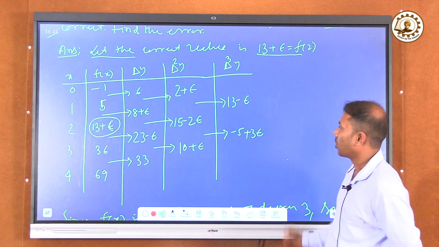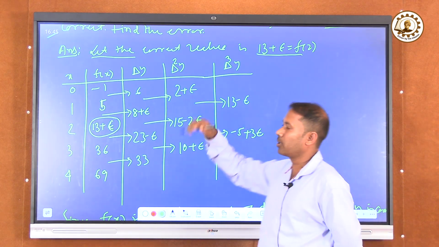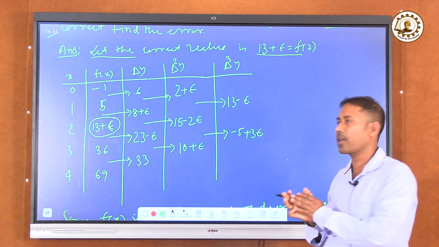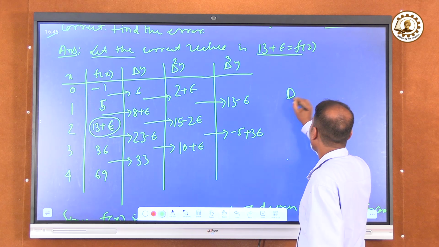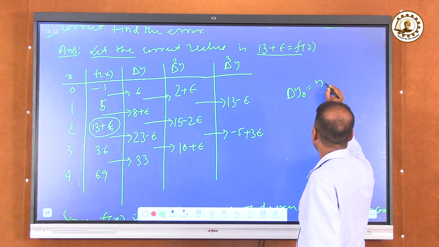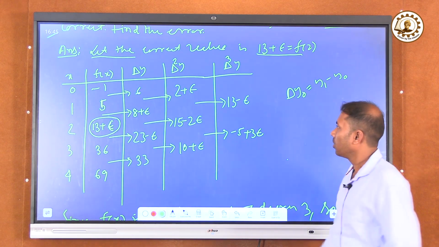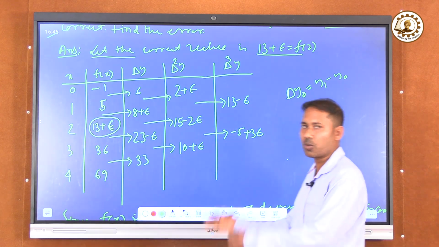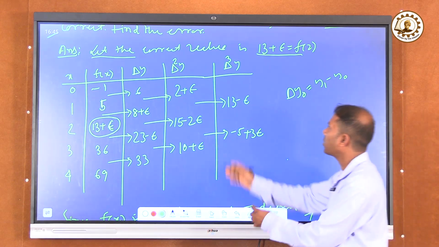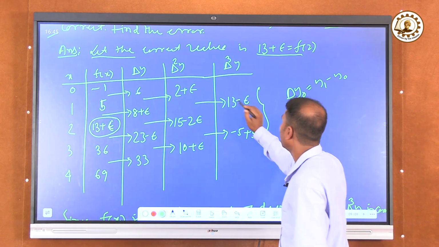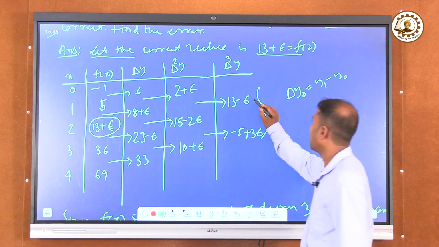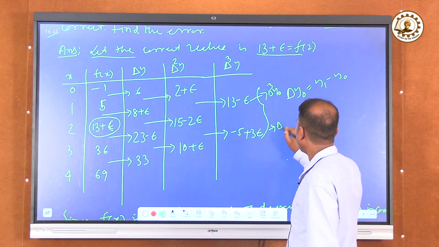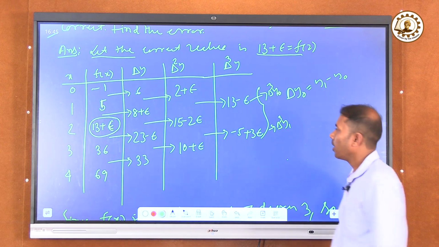I think all of you know that delta fx means f of x plus h minus fx, or in another way, delta y0 means y1 minus y0. Doing it like this, we can find delta cube y0 and delta cube y1.